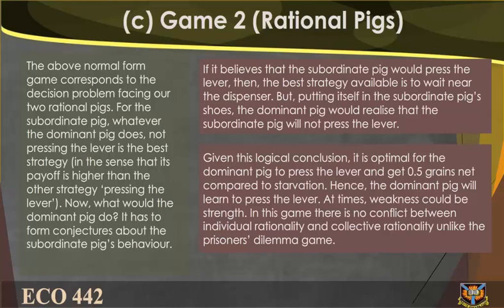Given this logical conclusion, it is optimal for the dominant pig to press the lever and get 0.5 grains net compared to starvation. Hence, the dominant pig will learn to press the lever. At times, weakness could be strength. In this game, there is no conflict between individual rationality and collective rationality, unlike the prisoner's dilemma game.